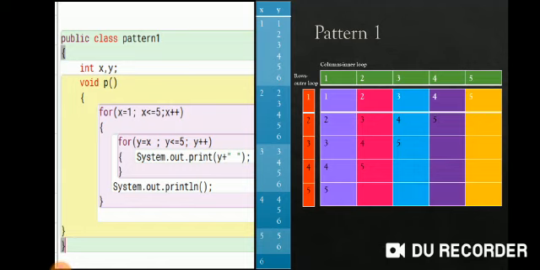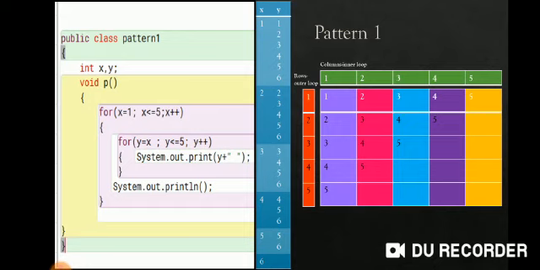So y is equal to x in this case, because it is the row loop and the numbers in the first column are the same: 1, 1, 2, 2, 3, 3, 4, 4, 5, 5. You can see in the figure that the outer row loop and the data in the first column are the same. That is why we start with x and go till 5, because it is always ending with 5.